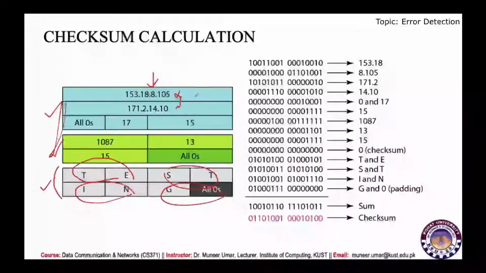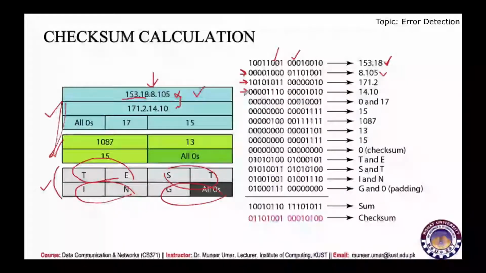So for this IP address, we need 4 bytes, meaning 2 blocks of 16 bits. So we are taking these two octets, 153.18, 16 bits, and 8 bits and 8 bits, then 8.105. Here we have 16 bits. Then for the destination address, we have 16 plus 16 bits.